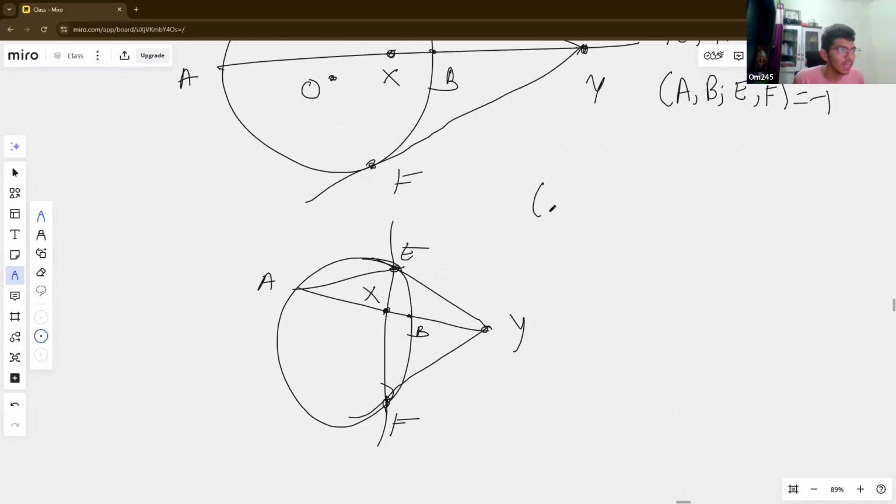Consider the cross ratio ABXY, where X is the intersection of EF with AB. Now take the projection from E, which sends A to A, B to B, X to F, and Y to E.